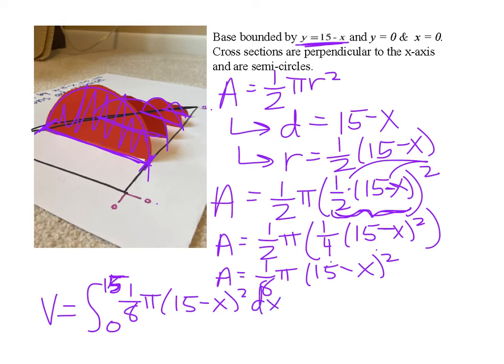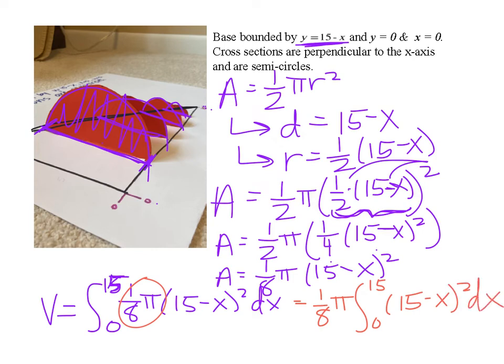And if you wanted to simplify that a little bit more, you could pull out the 1/8 pi as a constant. 1/8 pi integral from 0 to 15 of 15 minus x quantity squared dx. And then this integral you could plug into your calculator.